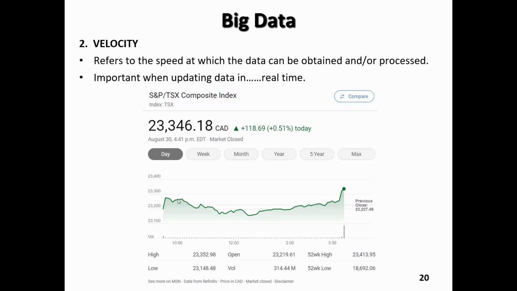Throughout the day, this graph is updated on a minute-by-minute level for traders to do their work. This index needs to be updated in real time, and in order to do that, lots of pieces of information have to be funneled in and calculated to work out the value of, in this case, the TSX composite index.